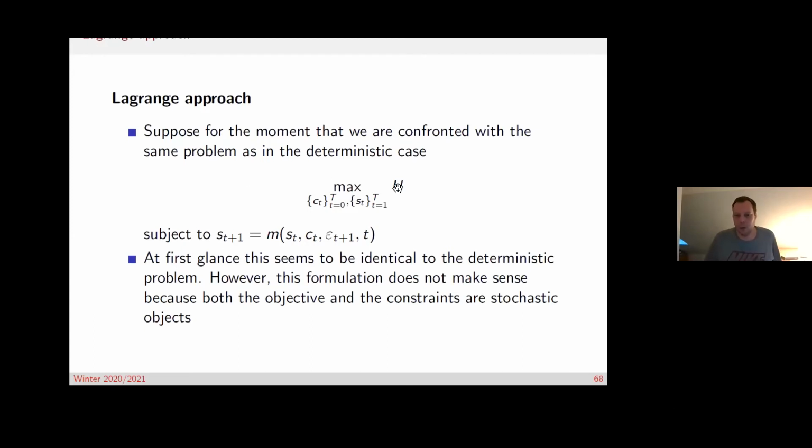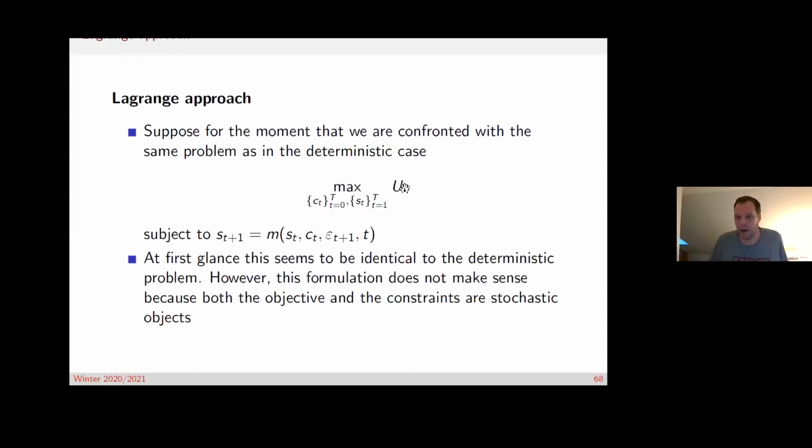If we have this formulation compared to what we had before, obviously this does not really make sense, right? Because the control that we want to pick, and the state that we will experience through our choices, are stochastic objects.